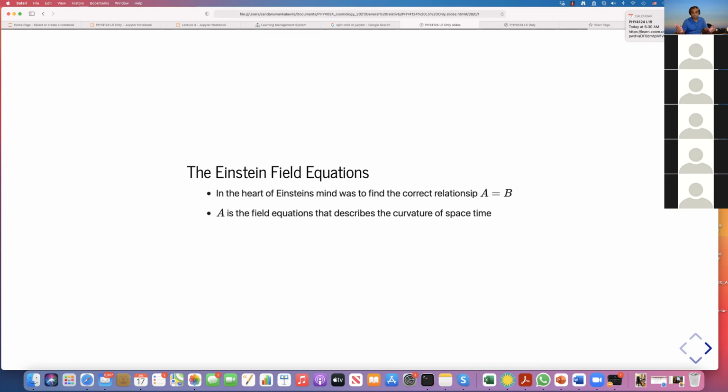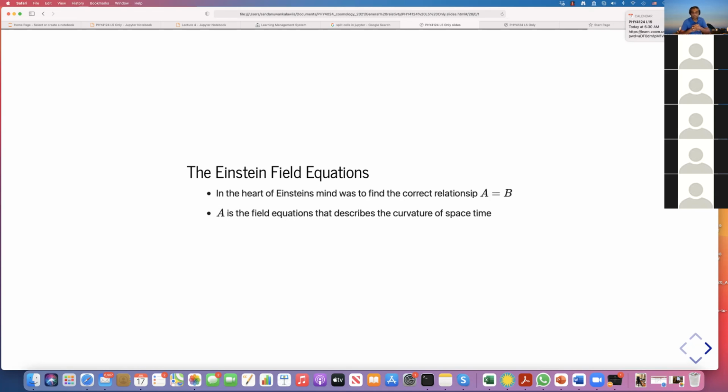Now, according to his theory, he knows that there is a source for gravity, and because of that source, the space gets curved, right? So that is the idea. On one side, you should have the curvature of this space-time, and on the other side, you should have the source that creates that curvature.